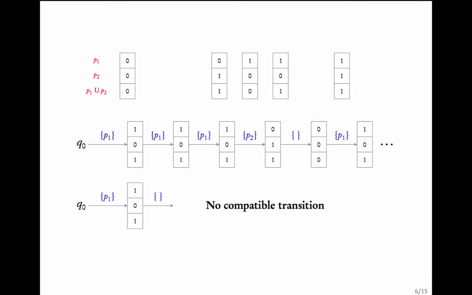And based on the compatibility criteria, the next transitions should be defined. In particular, if the automaton reads P1 followed by the empty letter, it should not be able to move. However, if it reads P1, P1, P1, P2, it should come up to this state, and here it should go to this state, and here it should go to this state, etc.